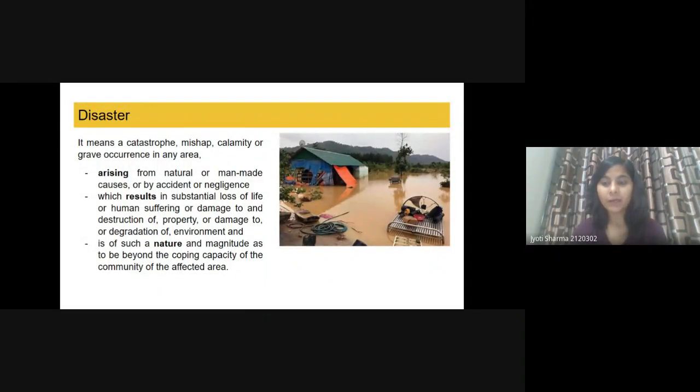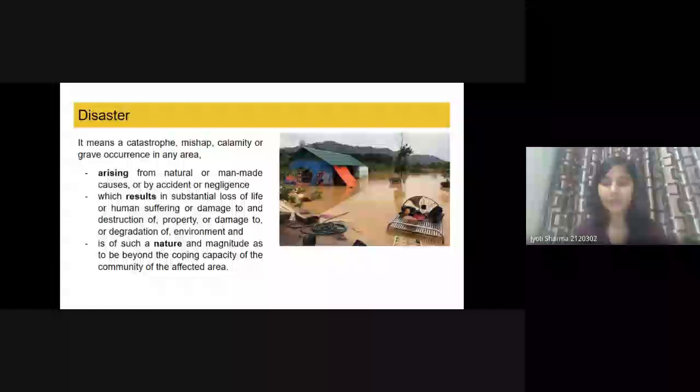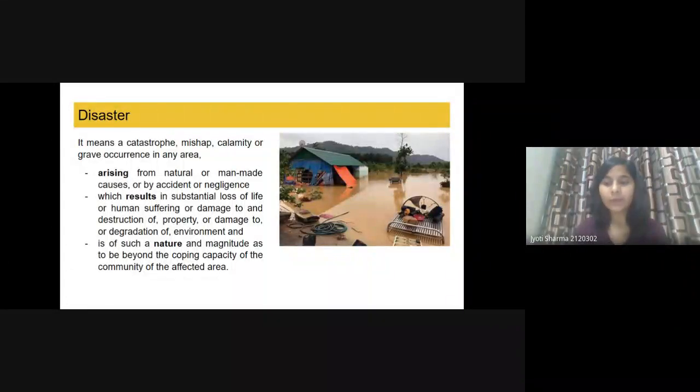For example, almost every year there is a cyclone in Odisha. But Odisha's capacity has been strengthened in such a way that if there is a cyclone, there will be no devastating effect from that event.